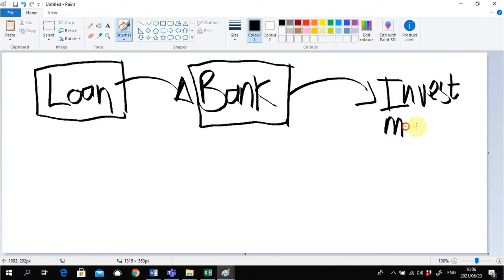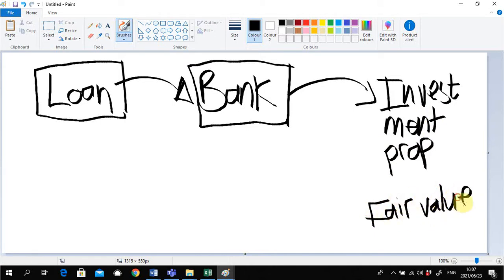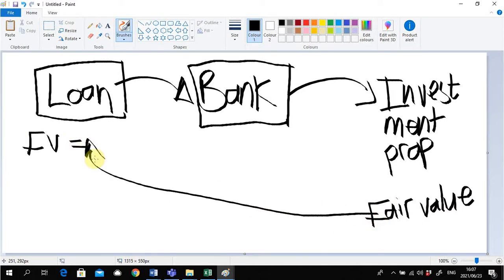So I've given a question and then I gave a fair value of this investment property. And students used this fair value and typed it as a future value for their loan.